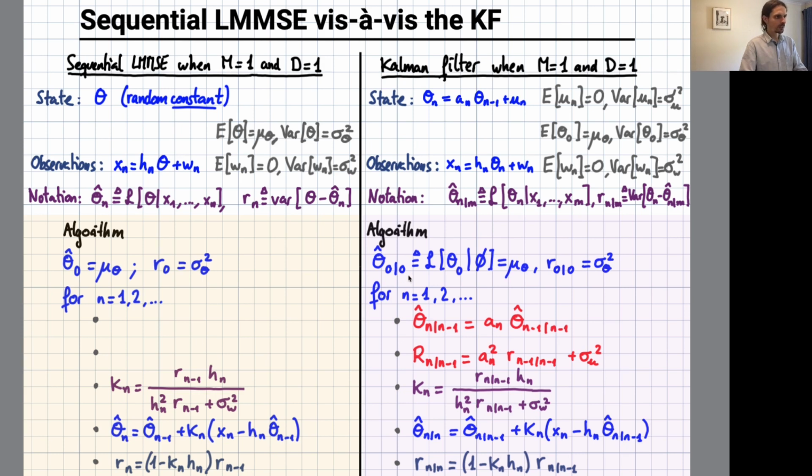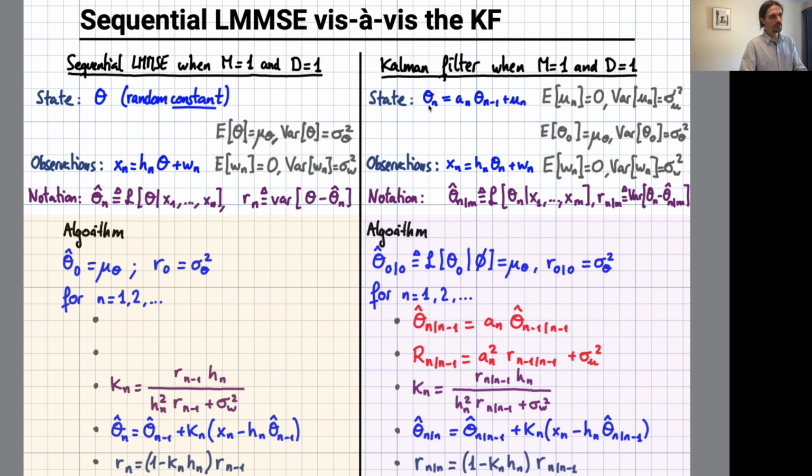So just by inspection, one may think whether this is a special case of this algorithm here. And indeed, this is the case. Let's suppose that an equals 1 and un has 0 variance.